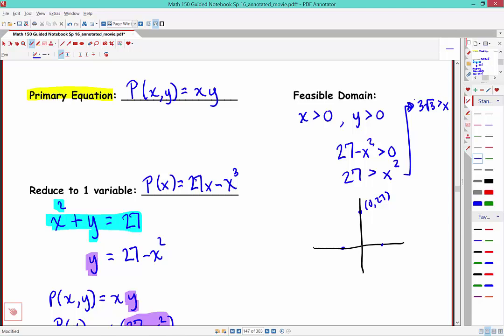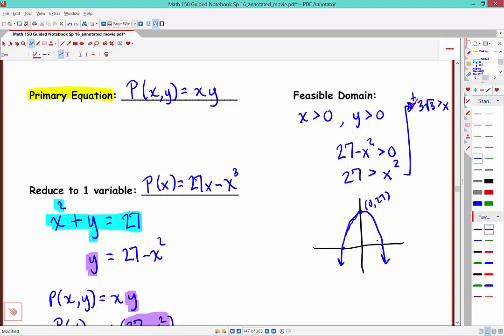But remember, you're going to get a plus or minus, right? But we don't have to consider that minus because x has to be positive. So now, if we do our picture, it would look something like this for the domain. So what that means to us is that the feasible domain is going to be from where to where.